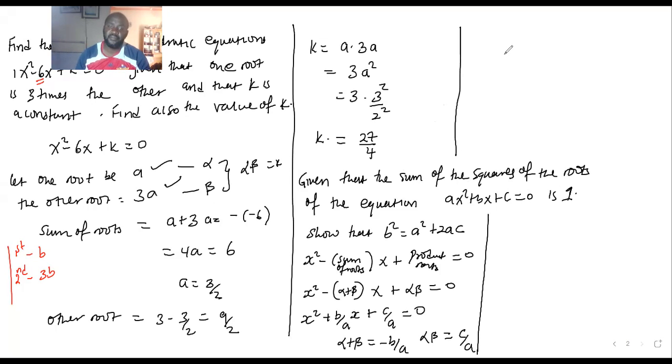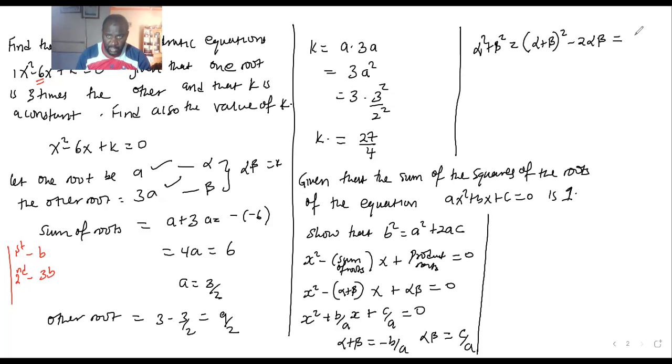If the roots are alpha and beta, then the sum of the squares, alpha squared plus beta squared, is equal to alpha plus beta squared minus 2 alpha beta.